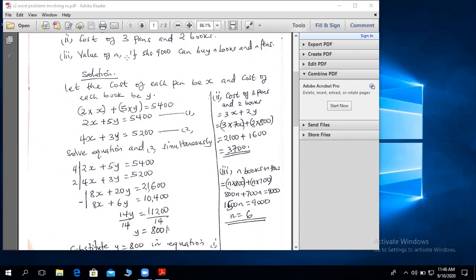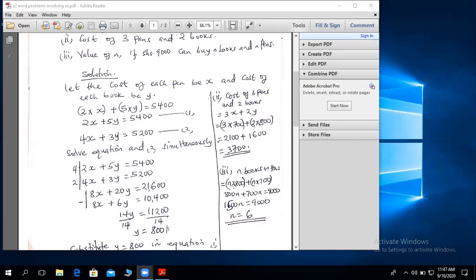Now, find the value of n, if shillings 9,000 can buy n books and n pens. This is very simple. If you want to buy n books, you get n times the cost of books. If you want to buy n pens, you get n times the cost of pens. The cost of a pen is 700, so this becomes 700n.